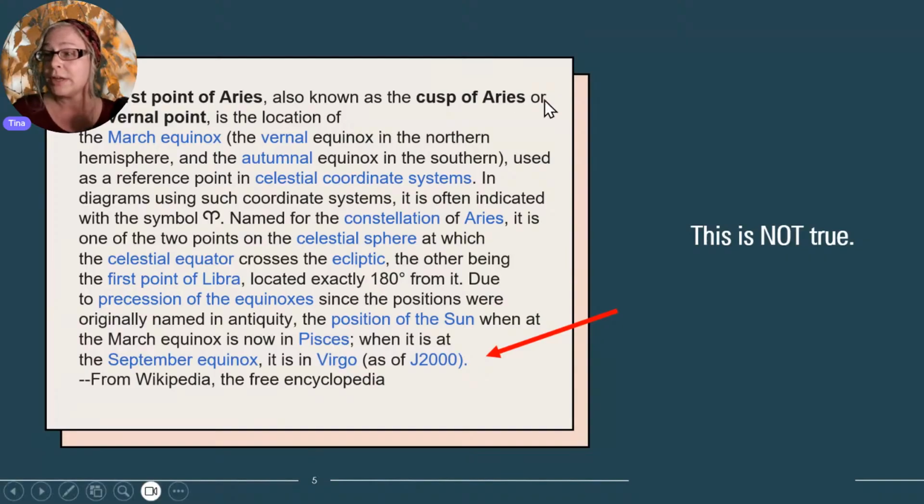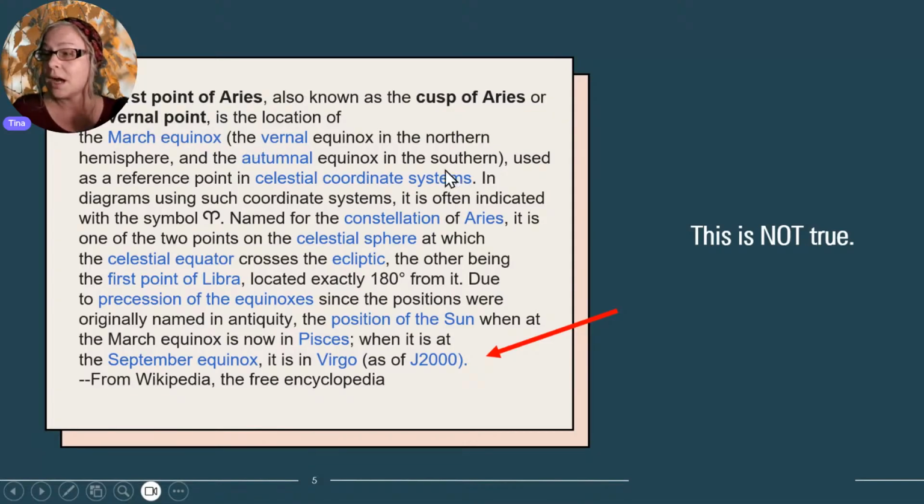Okay, so the first point of Aries is also known as the cusp of Aries, or the vernal point, is the location of the March equinox. Well, what do you know? We have this on Wikipedia, free encyclopedia here. It's actually telling us that the first point of Aries is the vernal equinox, which is correct.